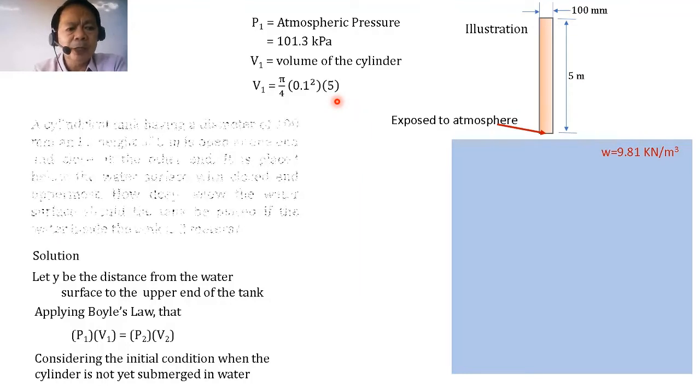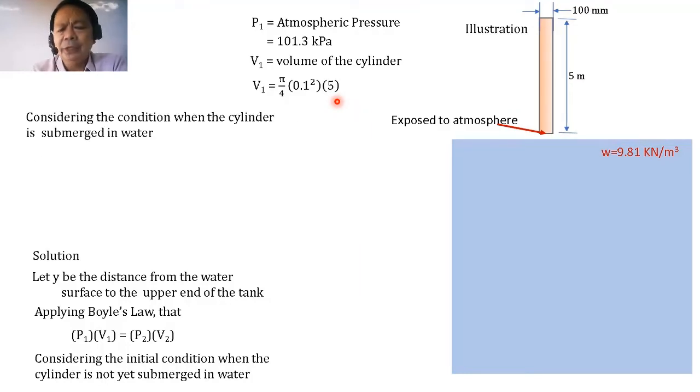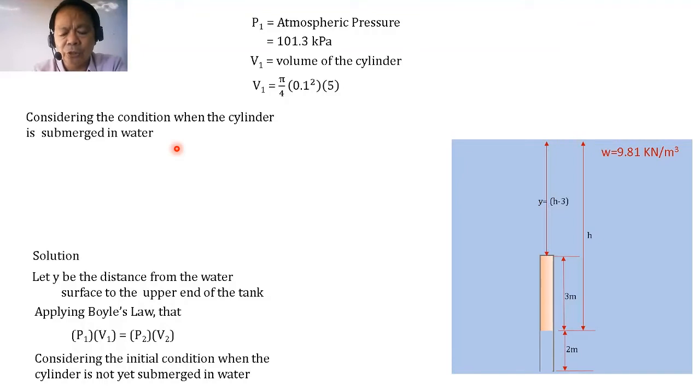So when, okay, we consider the condition such that the cylinder is already submerged in the water, ano? So ipakita naman natin yung condition na kung saan it's already submerged in the water. Then we will expect that the P2 or the pressure of the air is the pressure at the point here, di ba? Ito yung pressure dito.